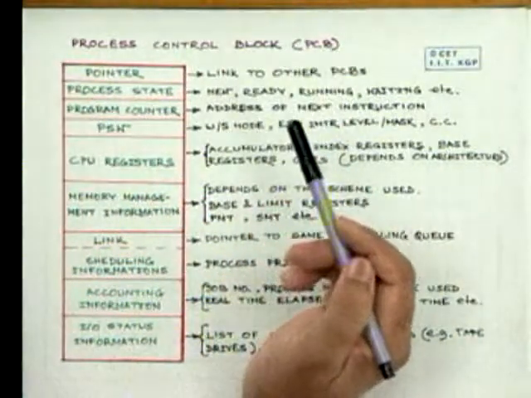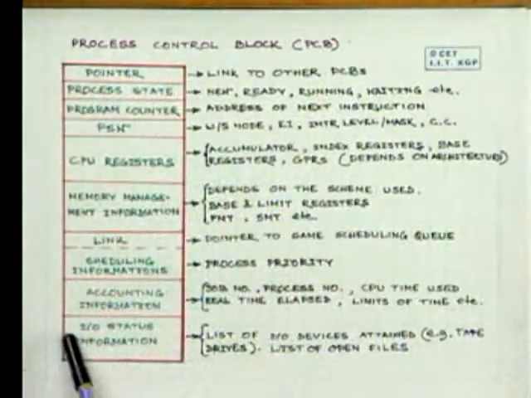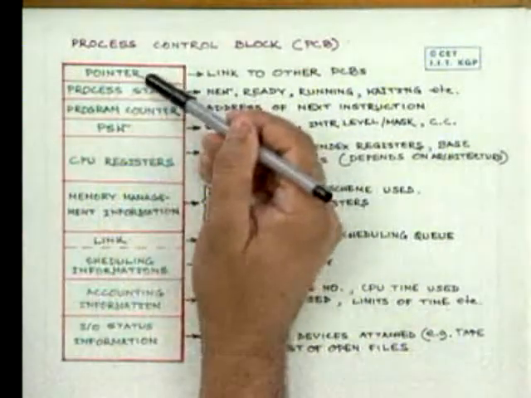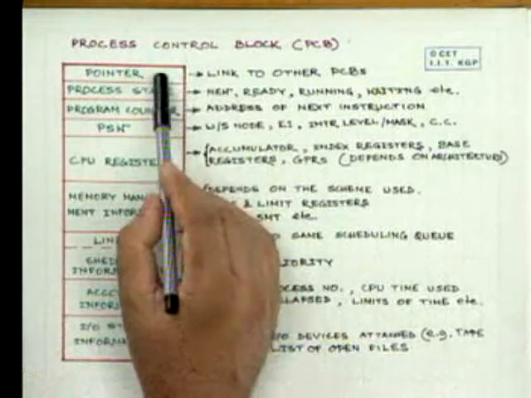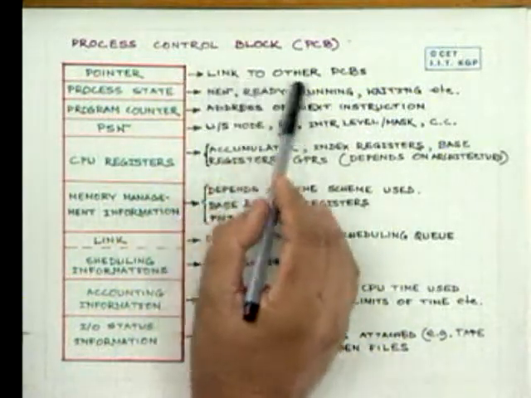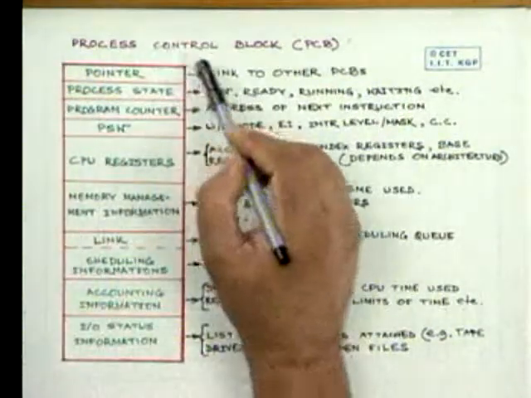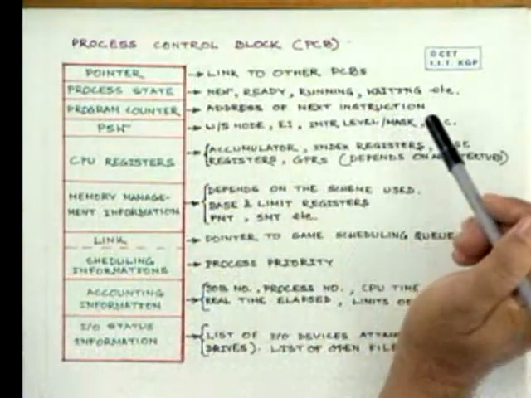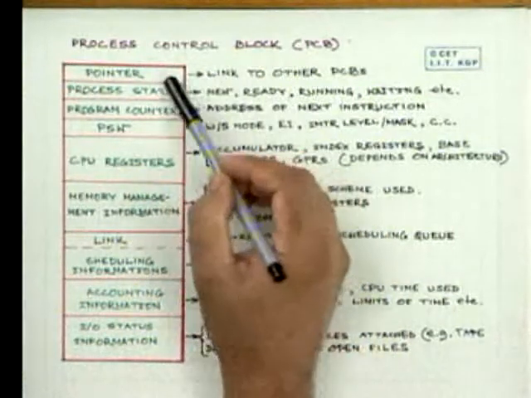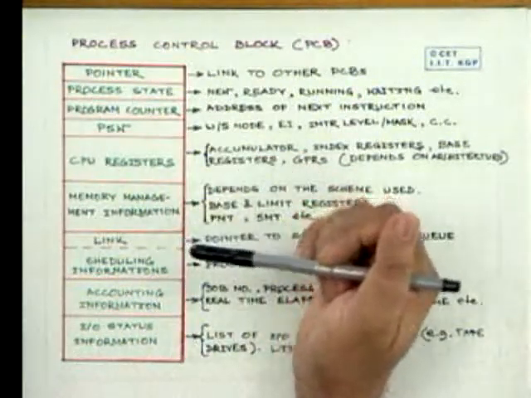Now, this PCB has different fields. The first field is a pointer, that is the link to other PCBs. Naturally, the system will have many processes inside, and all these processes are linked so that the system knows what processes there are within the system.